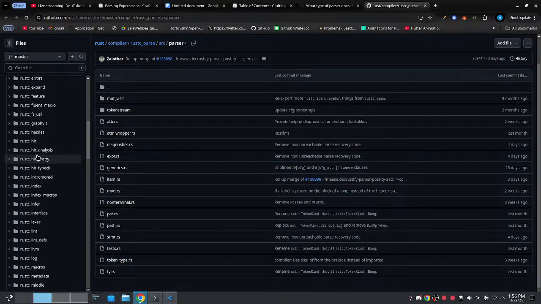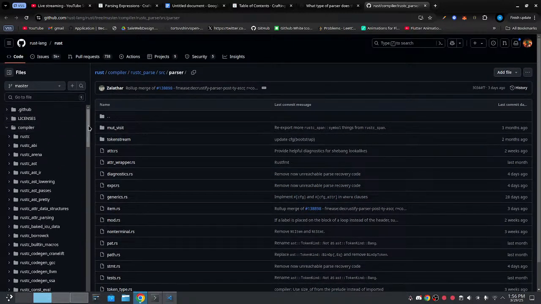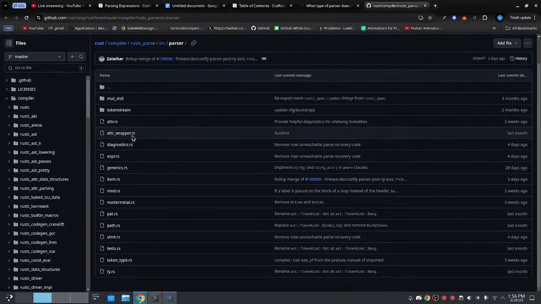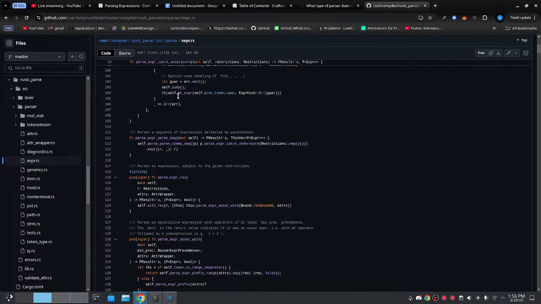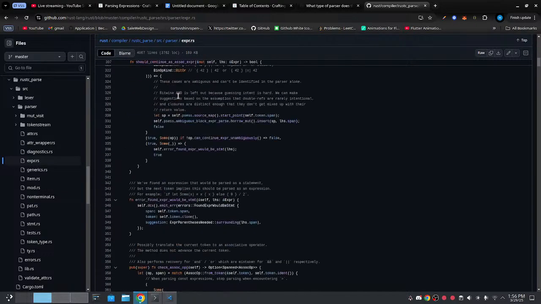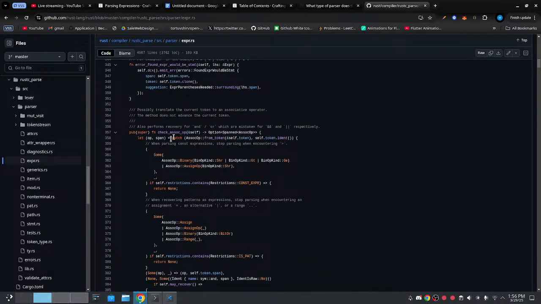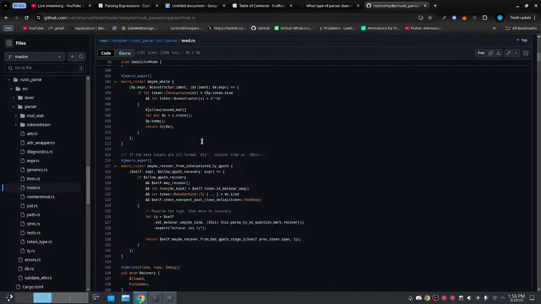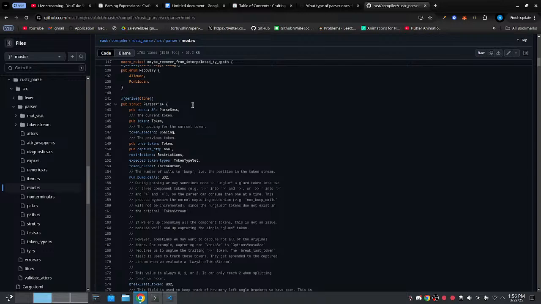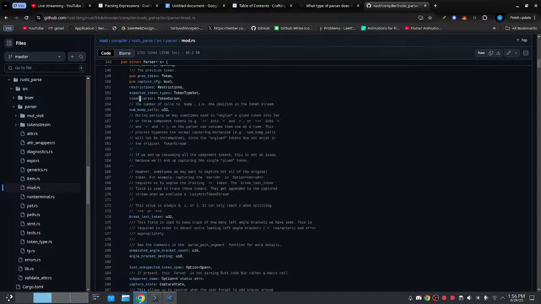Okay, so we are at something, right? This is just what we are using, expr. These are for expressions. This is the parser, these are all the tokens.